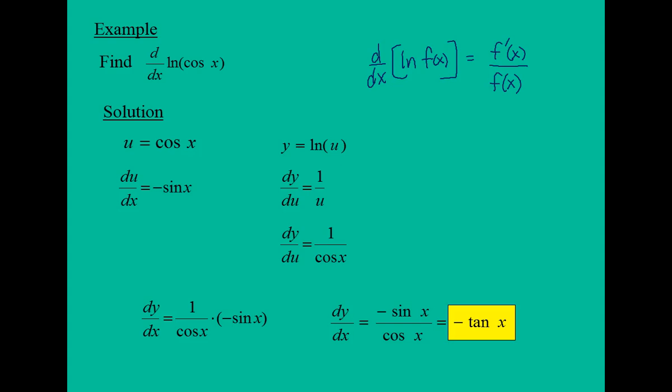And that works whenever we're taking the derivative of the natural log of some function of x. It's just f prime of x divided by f of x, where f of x is that inside function. I could have named that g of x also, because we usually do identify our inside function as g of x, but it doesn't really matter.